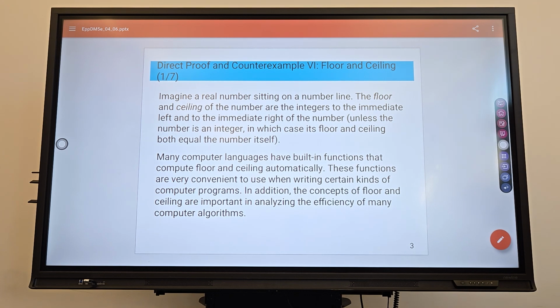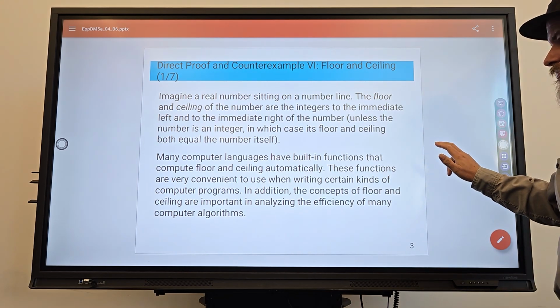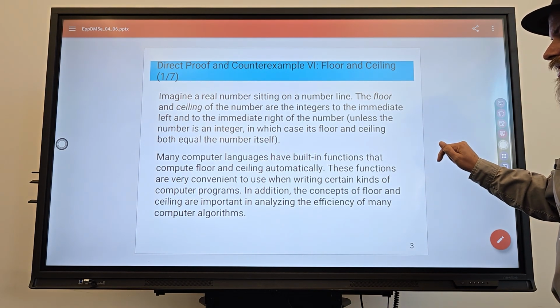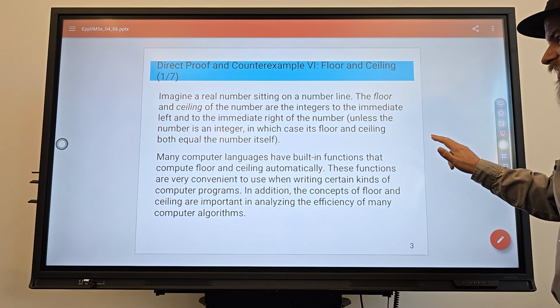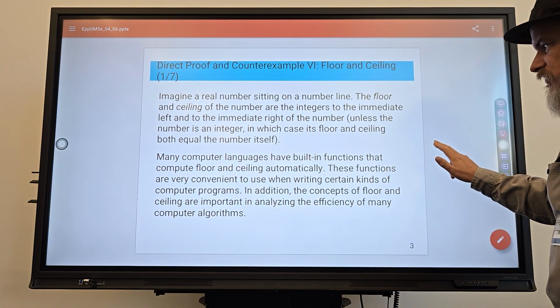Many computer languages have built-in functions that compute these values automatically. They're typically in math libraries, and floor and ceil, C-E-I-L, I believe, is the typical abbreviation for those functions.